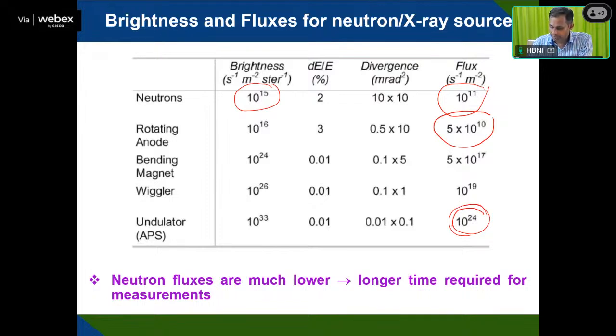Since the flux is very high, even in a lesser time you can get much more information. Your time requirement is less, your sample requirement is less, but neutron flux is quite low. So these neutron experiments used to take quite a long time because the flux is quite low.